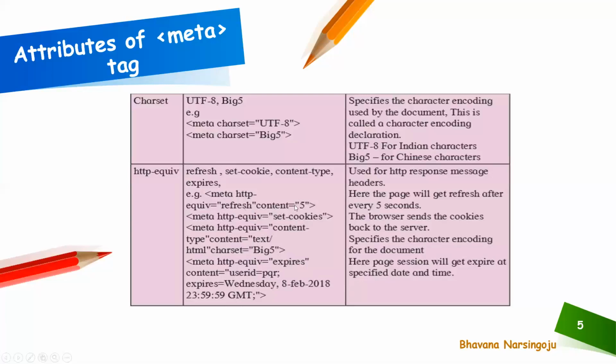So refresh content 5 is for 5 seconds. After every 5 seconds, it will refresh the contents you have displayed on your web page. Now if there is a time limit, like Wednesday 8/18 and so on, accordingly the session will expire. That page session will expire after the specified date and time.